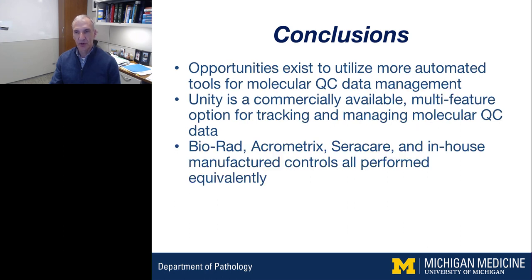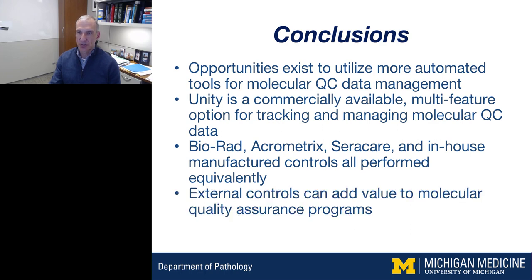In the second half of the presentation, I presented data on different commercially available controls that are out there, at least with the HIV viral load test that I showed you. All these controls perform relatively equivalently, but I want to reinforce that measuring those controls in your own lab, in your own hands, on your own platforms, and determining what the expected value should be is very, very important.